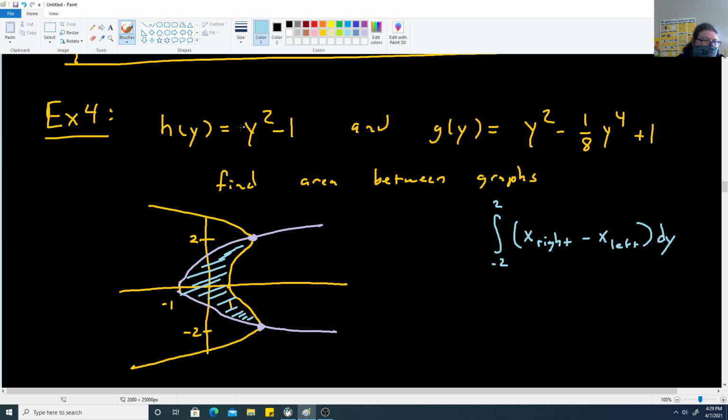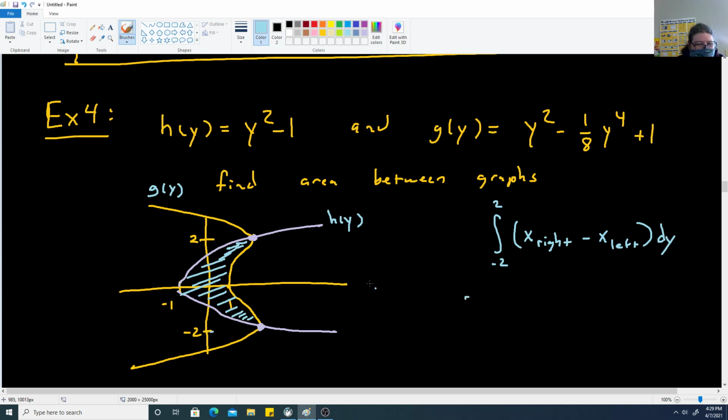Based on these, y squared minus 1 is a parabola, so this one right here is going to be our h of y function. This one with the 4th power makes this weird wiggle, so that one will be our g of y function. The region starts at -2 and stops at +2.